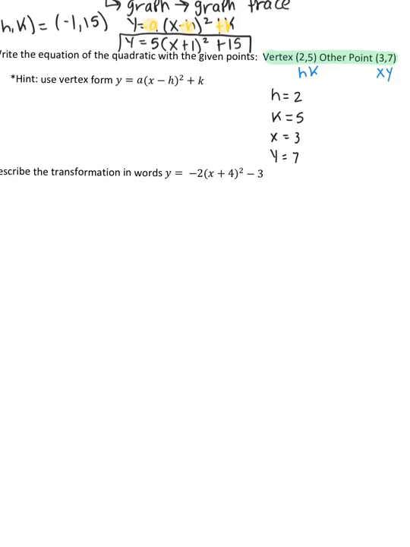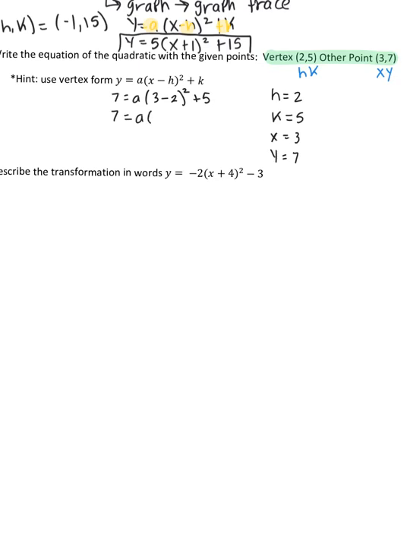So y is 7, so I'm going to put a 7. I don't know what a is, so I'm just going to leave it as a. x is 3. h is 2, so I have -2. And then k is 5. Then I'm going to simplify.